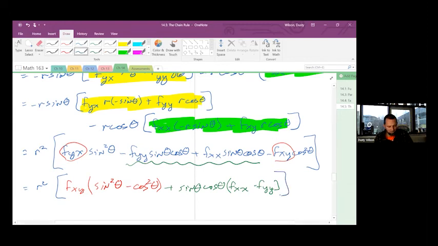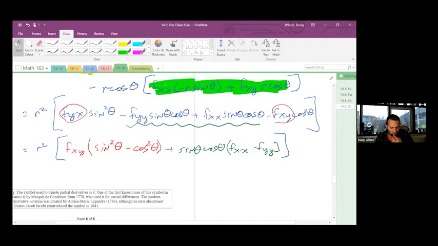I think this is going to give me some double angle formulas. So this will be r squared times fxy, and then cosine squared minus sine squared would be cosine 2 theta, so this is going to be minus cosine 2 theta.